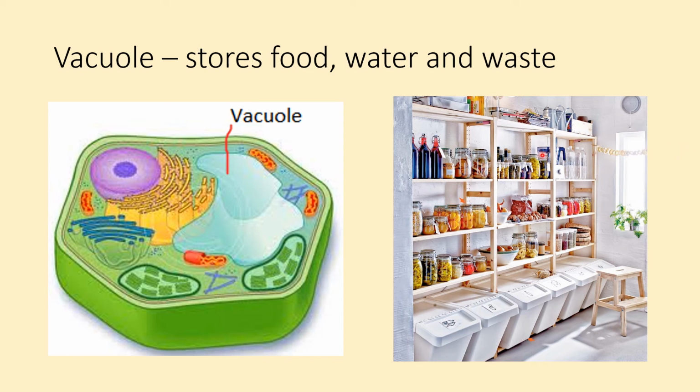So I've got this little picture on there to remind you that the vacuole stores things. And the stuff inside the vacuole is known as the cell sap. So when you break open a plant stem, that's the stuff that oozes out, the cell sap from inside the vacuole.